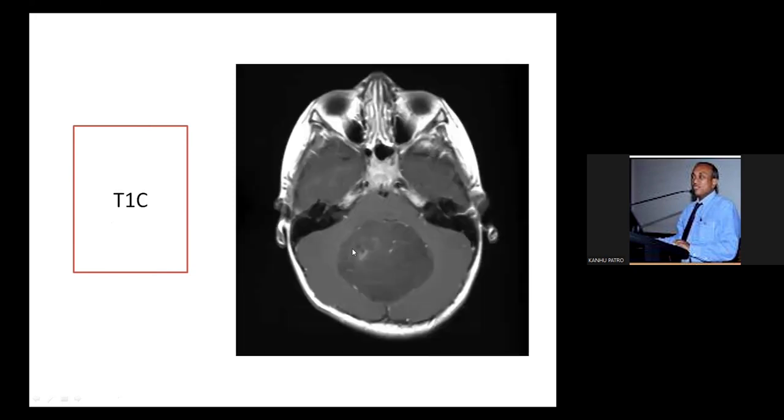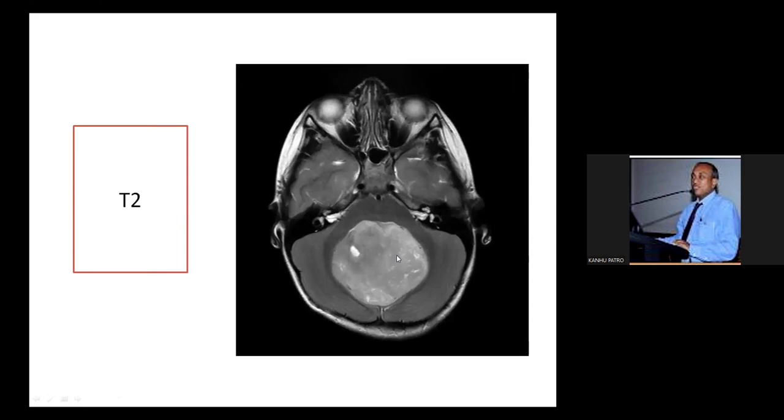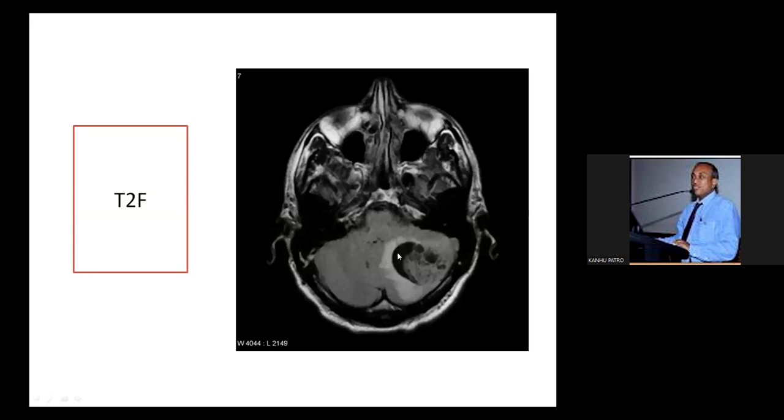On T1 contrast, you can see some patchy enhancement, with some cystic and solid components. On T2, you will find minimal edema, and T2 abnormality also can be seen. On T2 FLAIR, slight edema can be seen along the tumor, mostly not much.